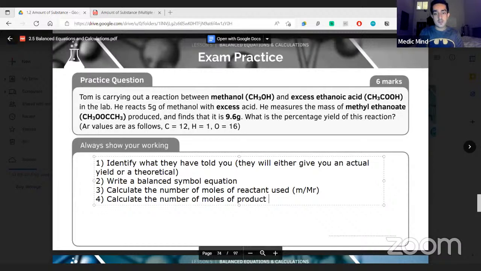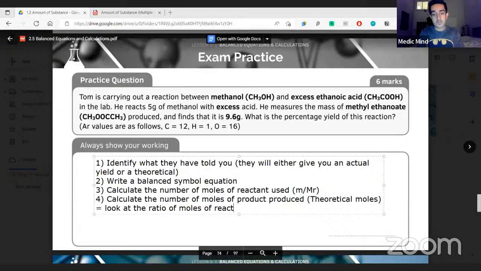Step 4, calculate the number of moles of product produced. This is your theoretical moles, and the way you do this is you look at the ratio of moles of reactant to product.